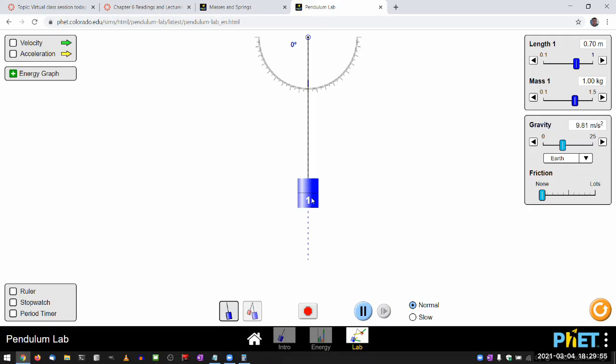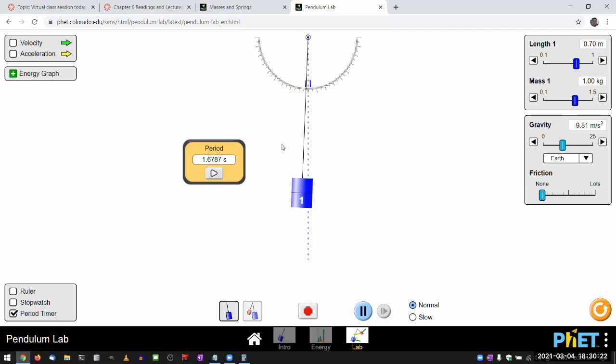When you take a look at it, you will see that it exhibits properties similar to a simple harmonic oscillator. Let me use this period timer to measure the period again. At this very small oscillation, the period is 1.7 seconds or so.